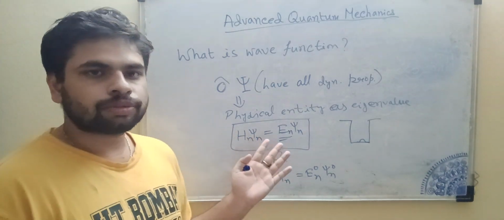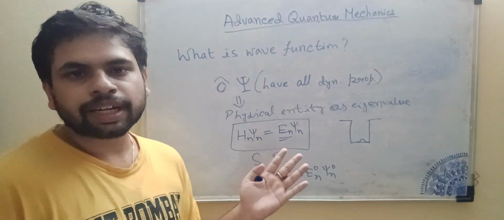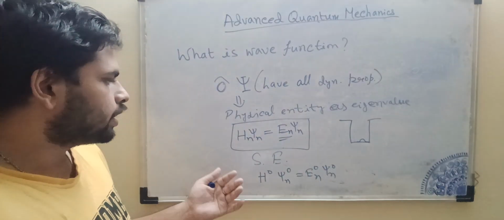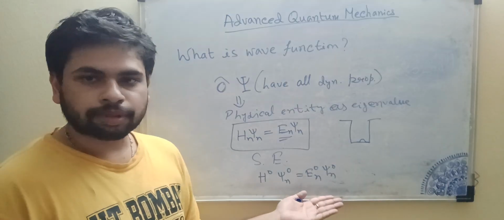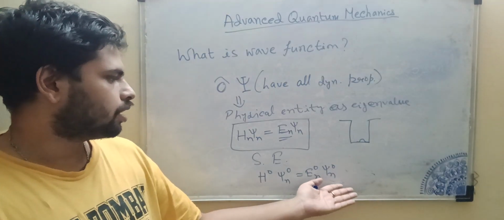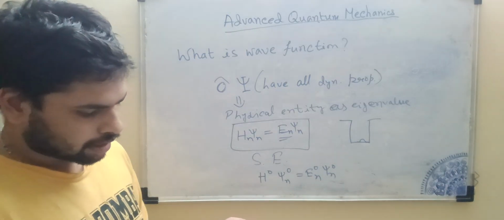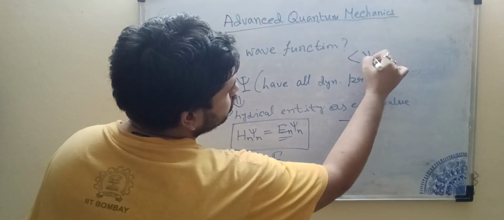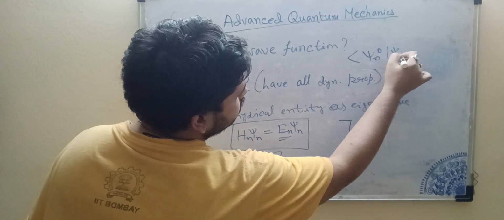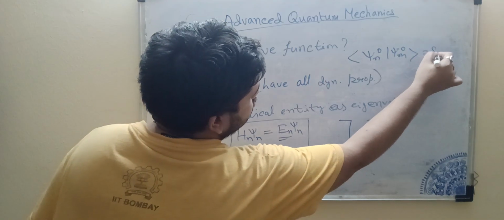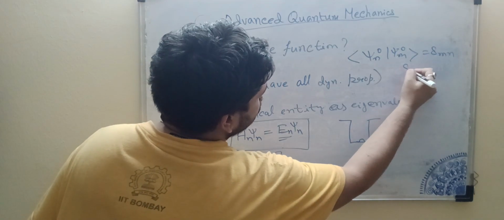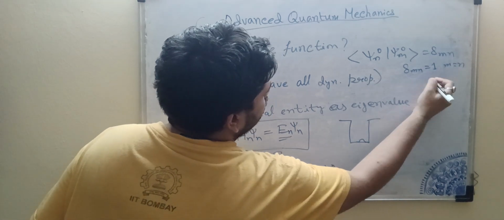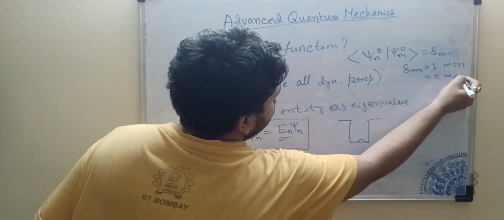But in perturbation theory, we have to compare the system's unperturbed state and perturbed state. For the unperturbed state we use this equation, and there is an orthonormality condition also: the inner product of psi n0 and psi m0 is delta mn. We all know delta mn equals 1 when m equals n, and equals 0 when m is not equal to n.